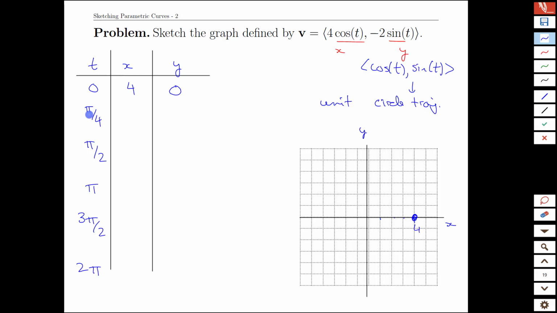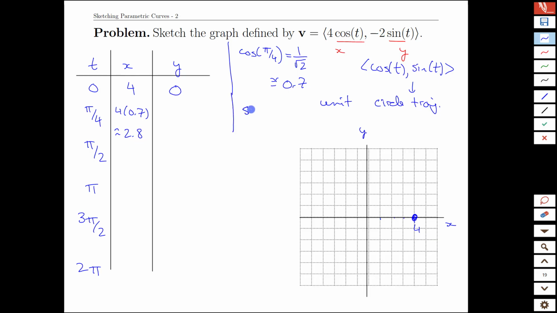What about the next point, pi over 4? Well, I'm going to do a little aside here. That cos of pi over 4 is 1 over root 2, and that's approximately 0.7. We can have more decimals if you like, but when we're graphing on this resolution here, that's going to be plenty accurate enough. And so this value here is going to be around 4 times 0.7, or around 2.8.